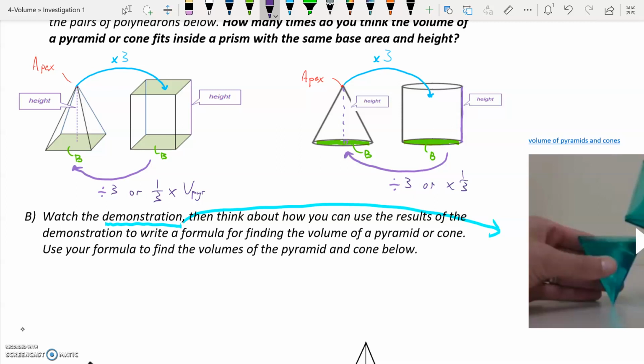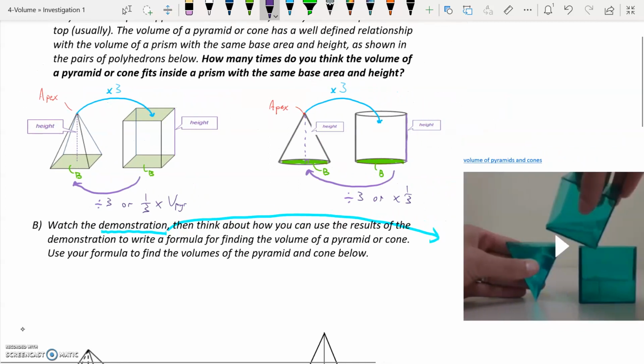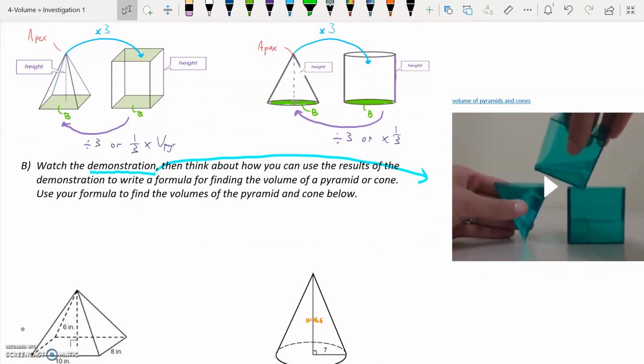So a cone is basically a circular pyramid, with a circle for a base. But that cone would have 1/3 the volume of the cylinder with the same base area and height. And so that gives us our formulas for calculating the volume of these two shapes, a pyramid and a cone.